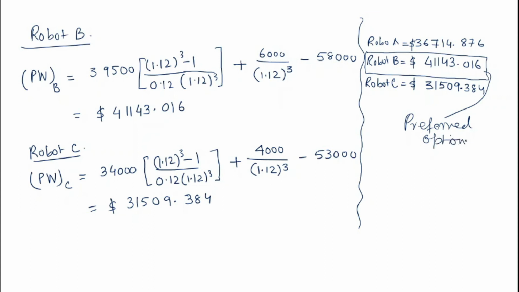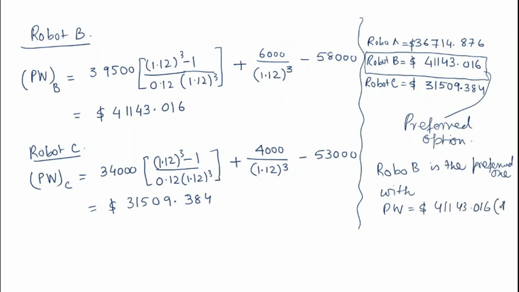The answer to this is robo B is the preferred one, with present worth coming out to be $41143.016, or these are the earnings, the net cash flow upward.